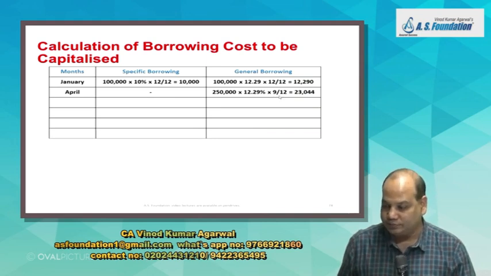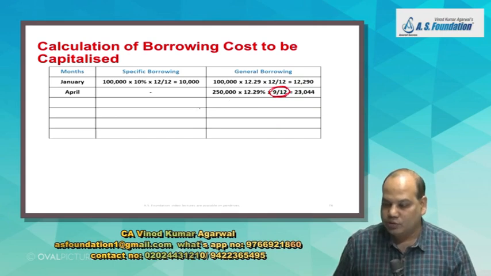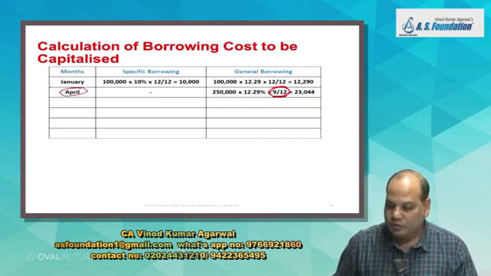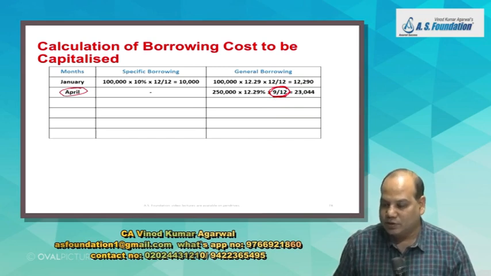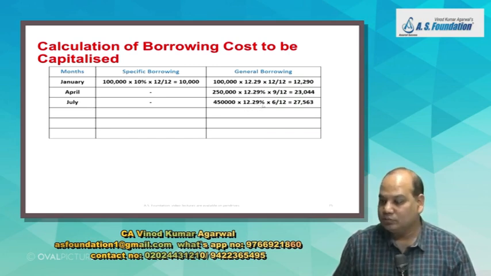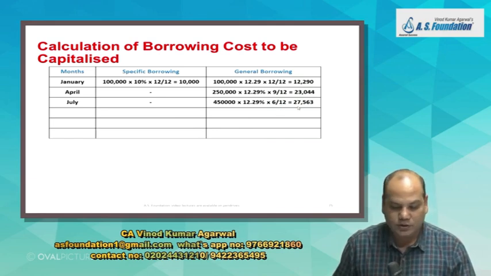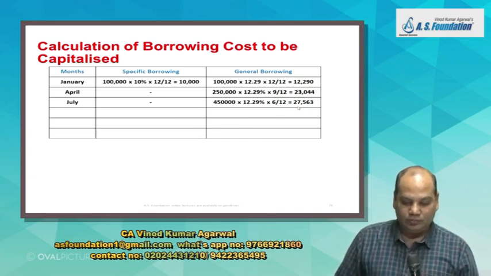April to December, 9 months, because this money was spent in April, so for 9 months our funds were invested here. Next is July. July 4,50,000 into 12.29% into July to December, 6 months: July, August, September, October, November, December, 6 months. Is it 27,563? Yes.